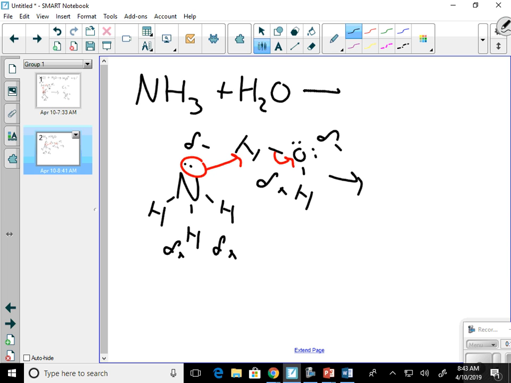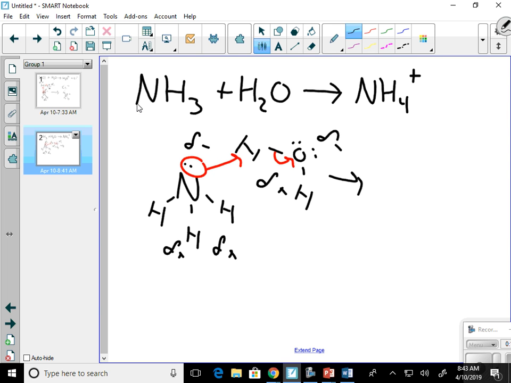In essence, in this chemical reaction I have up here, NH3 is going to gain an H+, turning into NH4+, which is the ammonium polyatomic ion. It is the positive polyatomic ion on your polyatomic ion sheet.